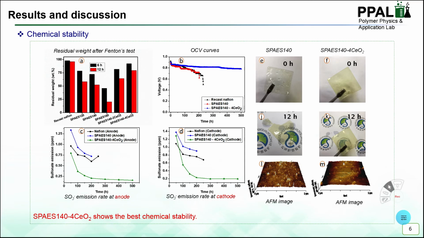Meanwhile, the surface of the layer-by-layer membranes shows just a few. That means the pristine membrane has strong degradation, but the membrane containing cerium oxide at both surface layers is still very stable.